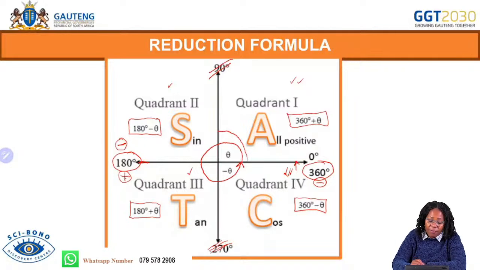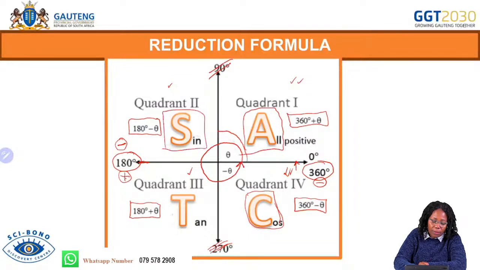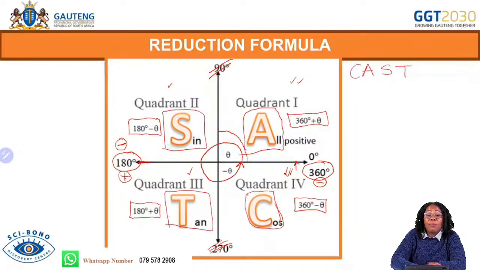And then we have this abbreviation here, CAST, and you start that in quadrant 4. This CAST is assisting us to remind us which ratios are positive in each quadrant after your reduction.